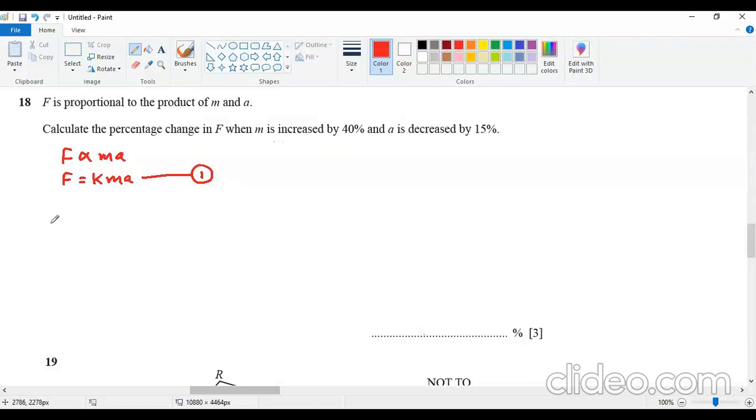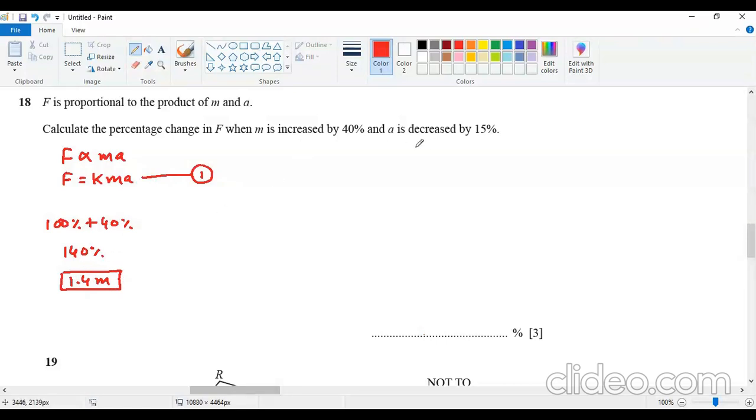That means originally it is 100, and 40% increase means 40% should be added. So we can write in this way: 100% plus 40% is going to be 140%, which is going to be 1.4, and this value is changing m. So 1.4 m is going to be the increased value.